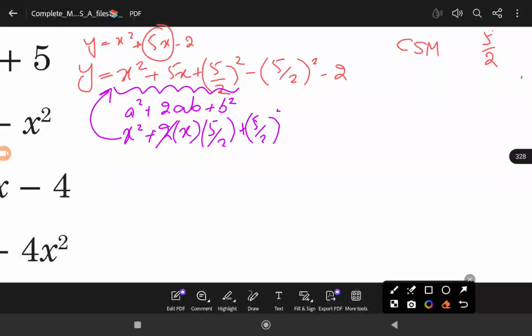So this is going to be the a square plus 2ab plus b square formula. We can write this as a plus b whole square, as we know that a is x here and b is 5 over 2. So you can write these three terms as x plus 5 over 2 whole square.